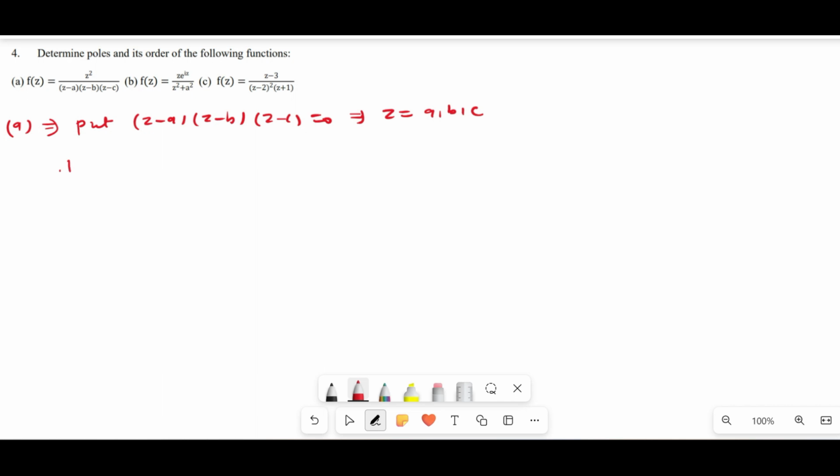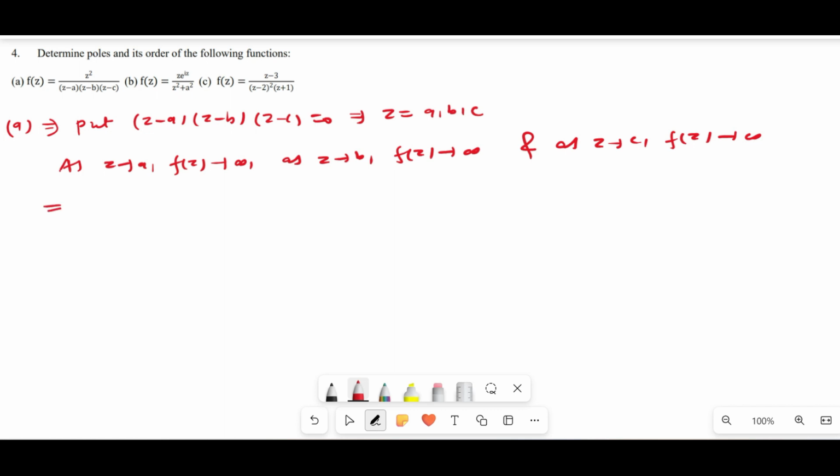So as z tending to a, f of z tending to infinity, as z tending to b, f of z tending to infinity, and as z tending to c, f of z tending to infinity. So we can imply that z is equal to a, b, c are poles of the complex valued function f of z.